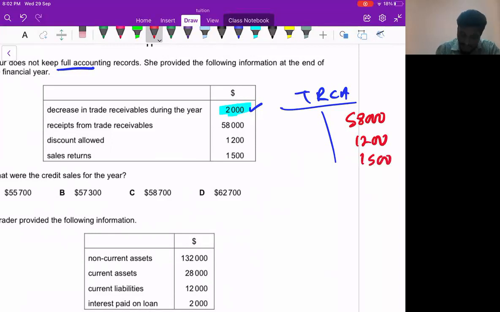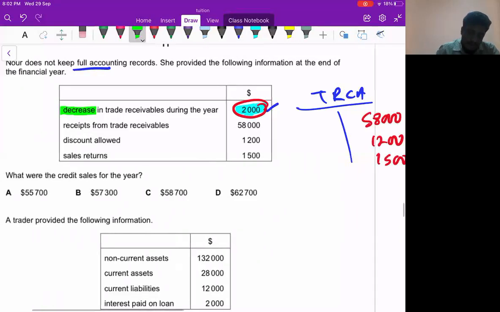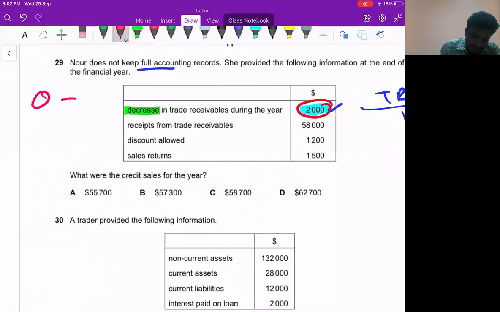Okay, but how about the 2,000? They say decrease in the trade receivable during the year. If it is a decrease, is the opening balance bigger or the closing balance bigger? They compare the opening balance and closing balance. They say decrease in trade receivable during the year, so which one is bigger?